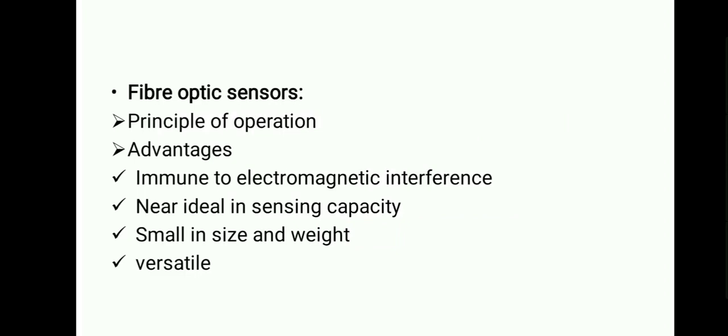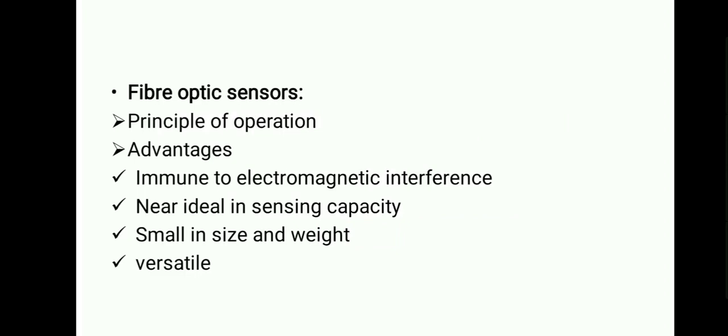So a number of advantages can be listed here. Some of the obvious advantages are: the first one is immune to electromagnetic interference, near ideal in sensing capacity. That is, you can say that the sensing capacity of fiber optic cables is 100%.